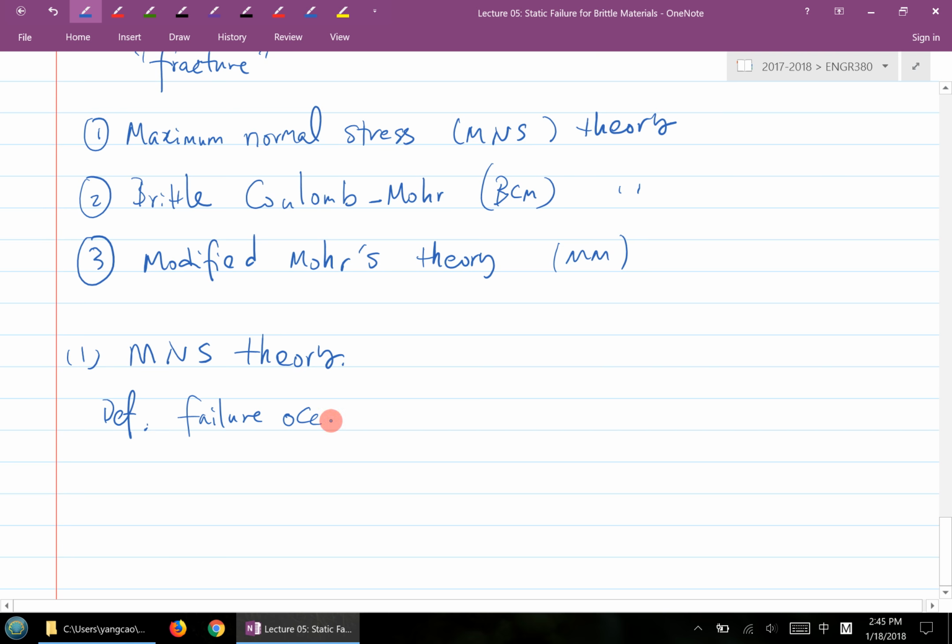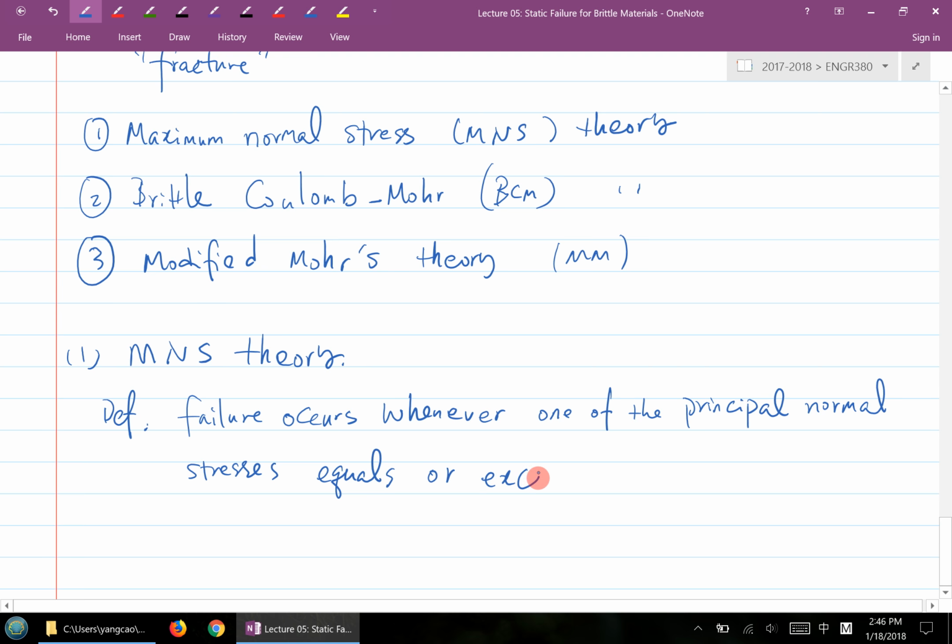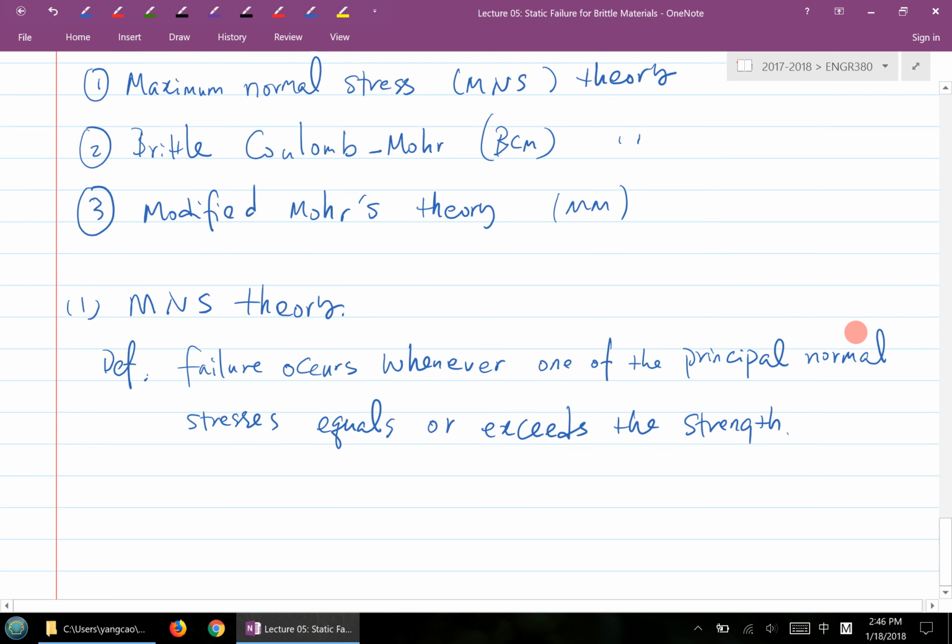Failure occurs whenever one of the principal normal stresses equals or exceeds the strengths. That's a very short statement. This is the statement for MNS theory.